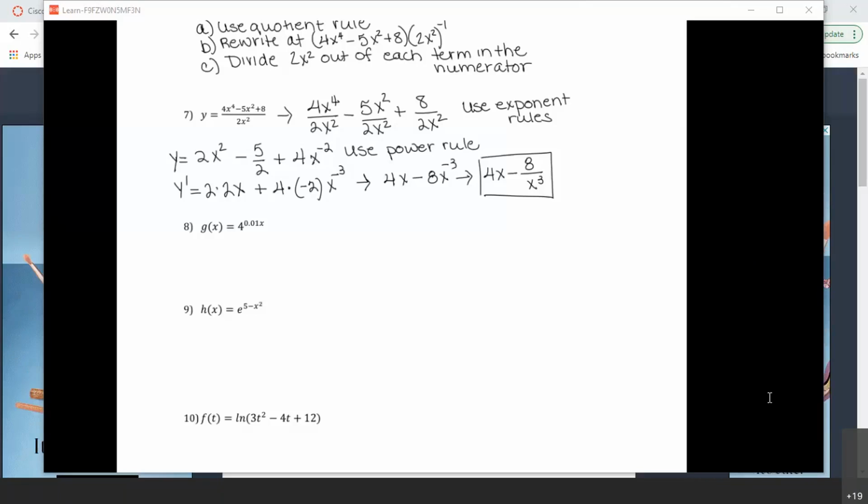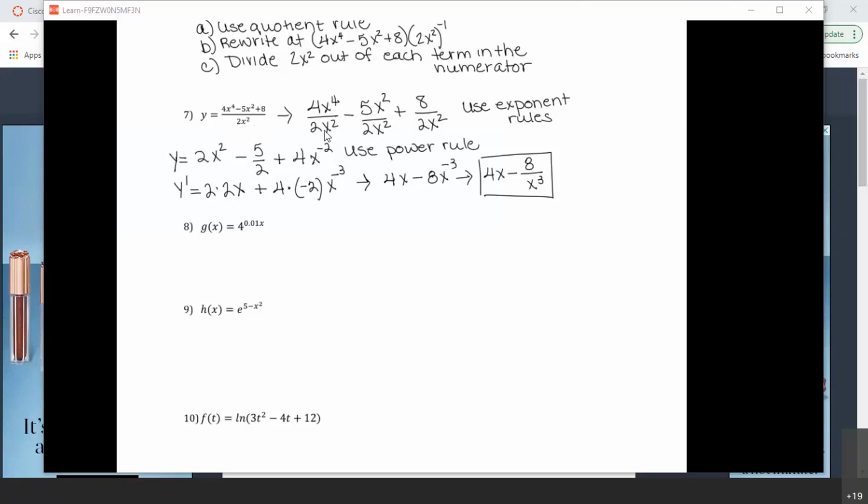All right, so that works because there's one term in the denominator. If I had an exponential in the numerator, I'd be stuck with the quotient rule because they're two different families of functions. This only works because I've got a polynomial divided by a polynomial with one term in my denominator.